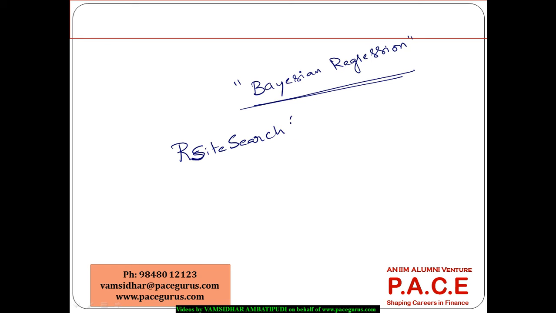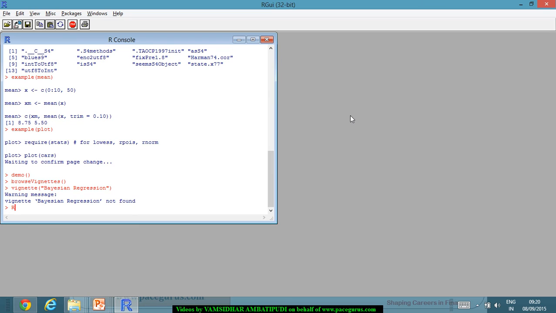Within this I can use Bayesian regression, but this Bayesian regression has to be enclosed in braces. So let me try this. RSiteSearch, and within the braces I am using Bayesian regression, if I am trying to search out for Bayesian regression.